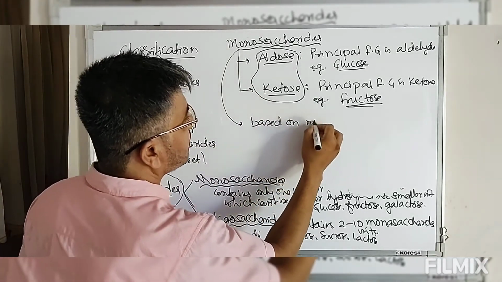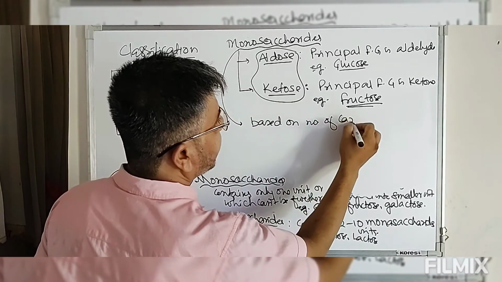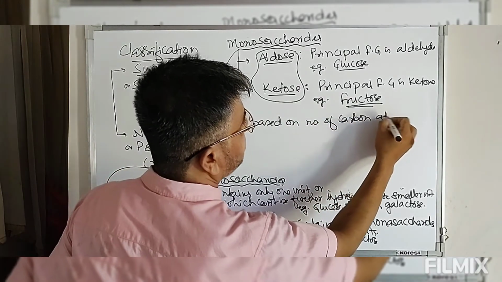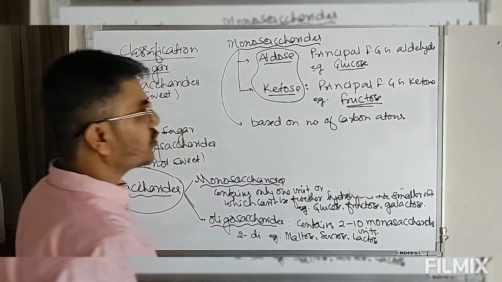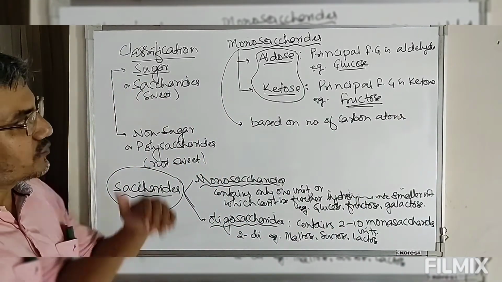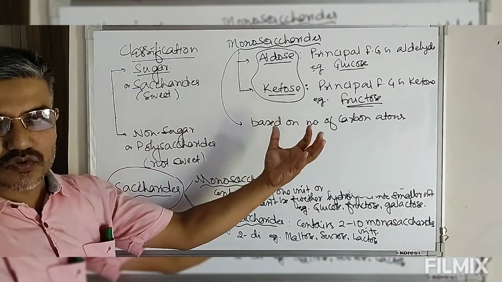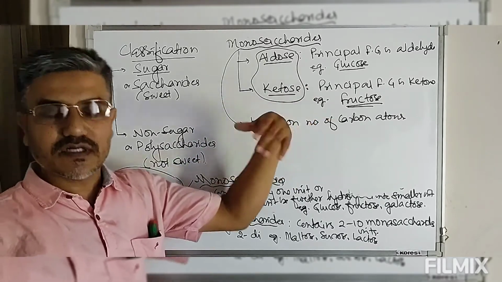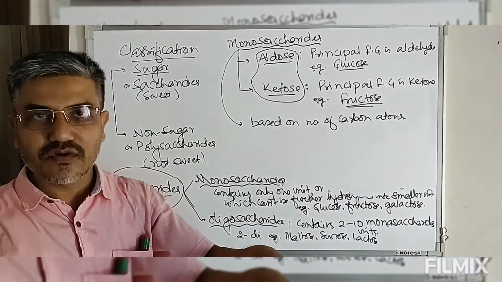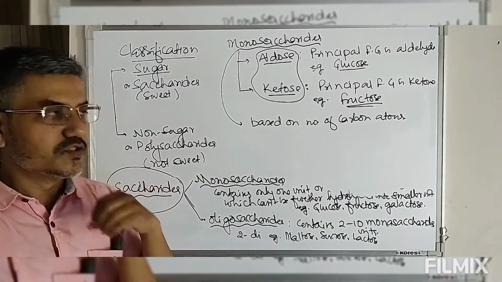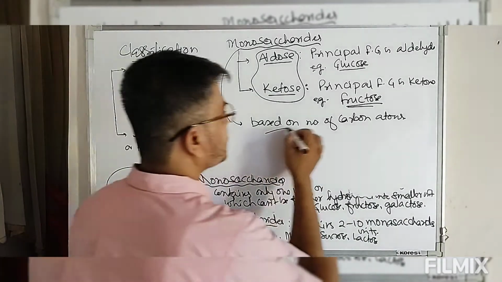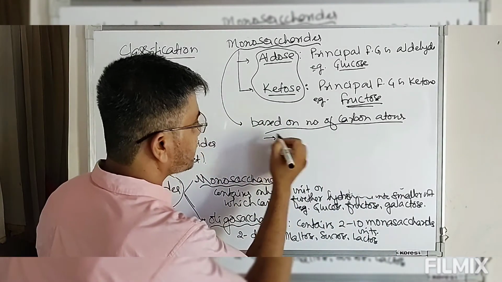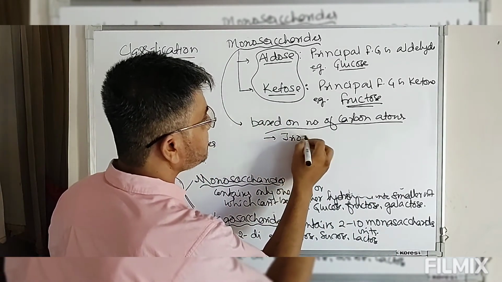Based on the number of carbon atoms present in the monosaccharide unit. Whether we have aldose or ketose, these can be classified further by the number of carbon atoms present. So based on the number of carbon atoms present, this can be classified as triose.